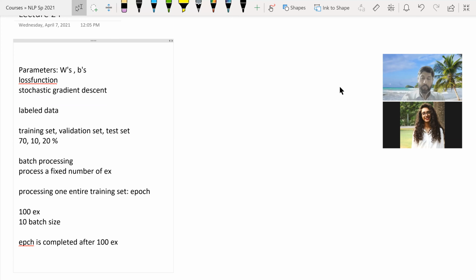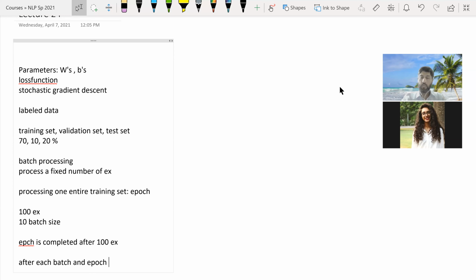Okay? So after one epoch, actually it's done both ways. Maybe after each batch or epoch, or after each batch and, for example, epoch.